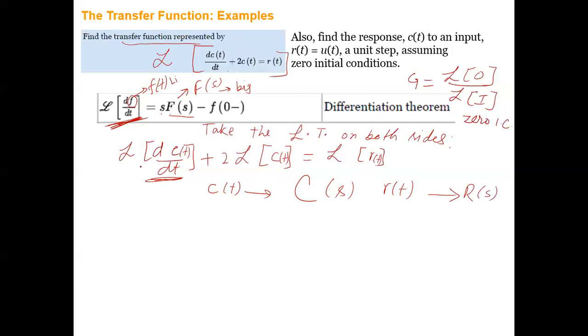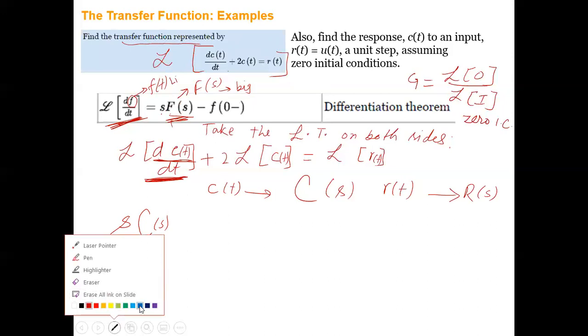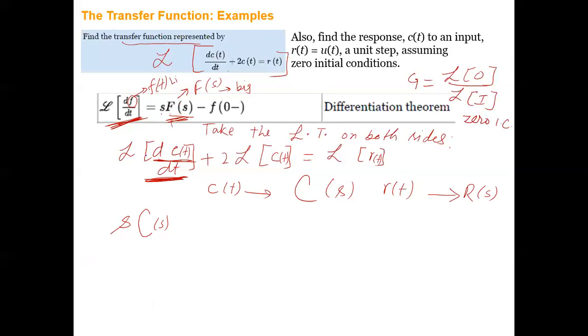Now, not only c and r, we have to find the Laplace transform of the derivative of c also. Use this formula: s times big C, a function of s. That's the Laplace transform of this term.